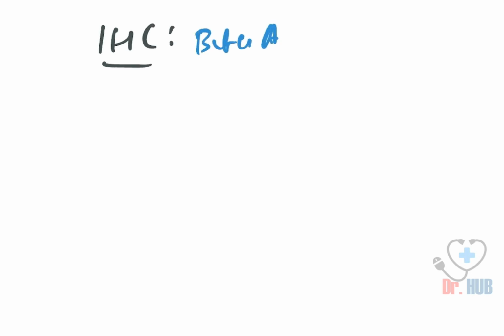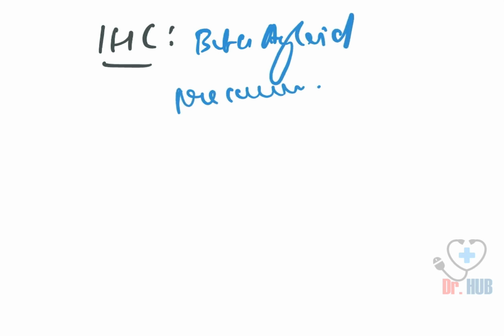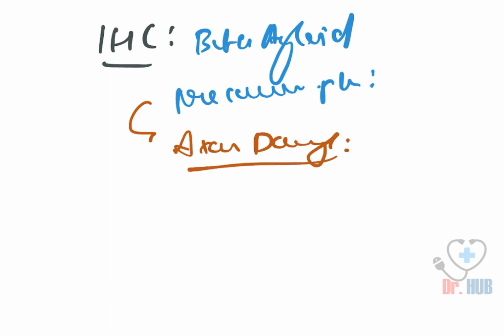Next, immunohistochemistry shows beta amyloid precursor protein, the most reliable indicator of axon damage, and this is seen as early as 2 to 3 hours.